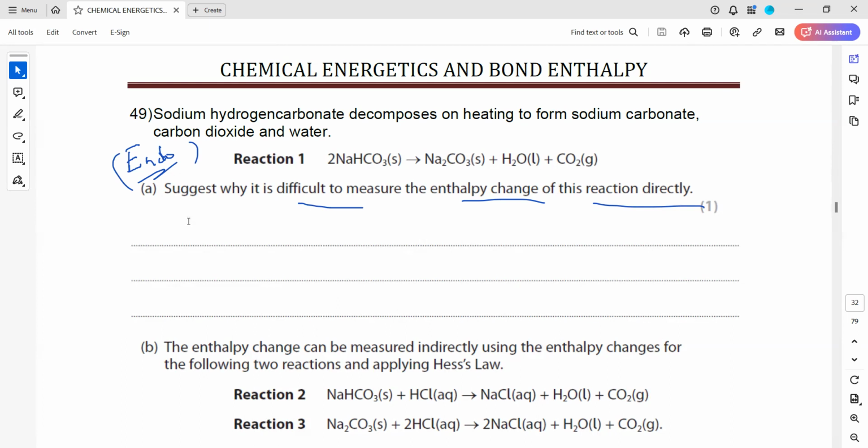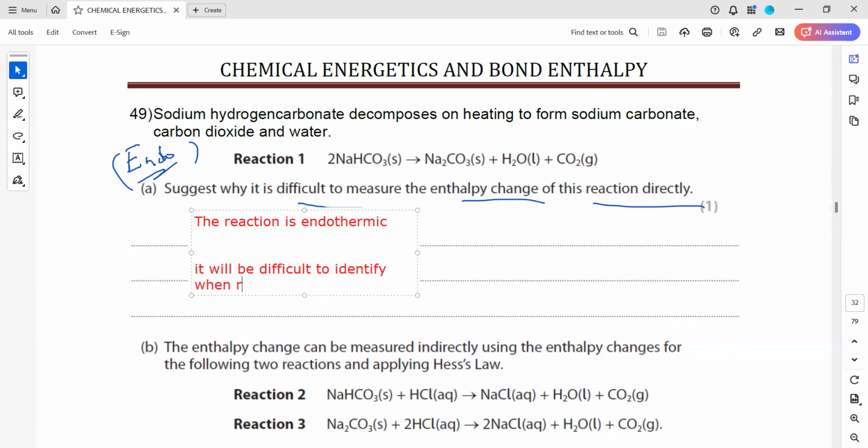So this is a structured answer. The reaction is endothermic because it is a thermal decomposition. As a result, it will be difficult to identify when the reaction is complete, or it will be difficult to measure the temperature change, or the amount of energy supplied.